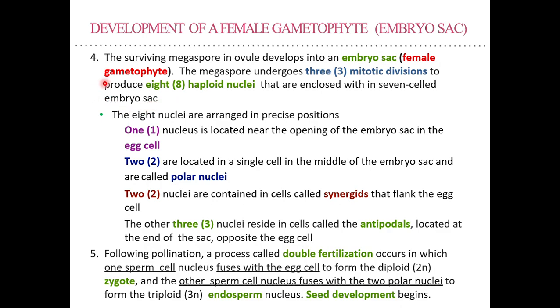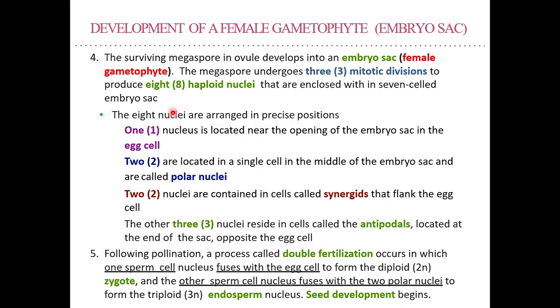The megaspore undergoes 3 mitotic divisions, so 3 times mitosis, to produce 8 haploid nuclei, which are enclosed within a 7-celled embryo sac. The 8 nuclei are arranged in precise positions.